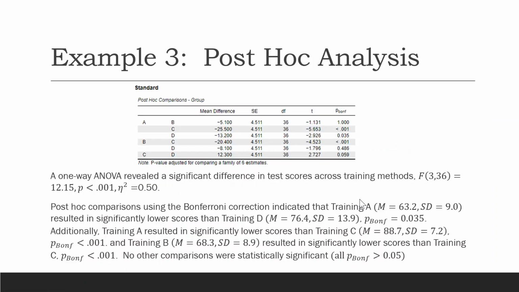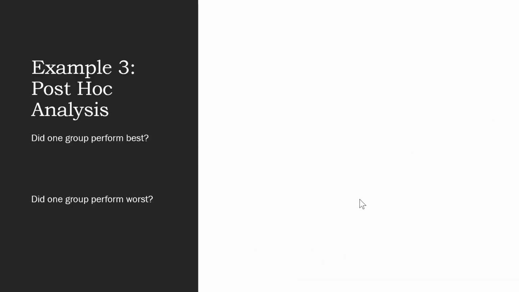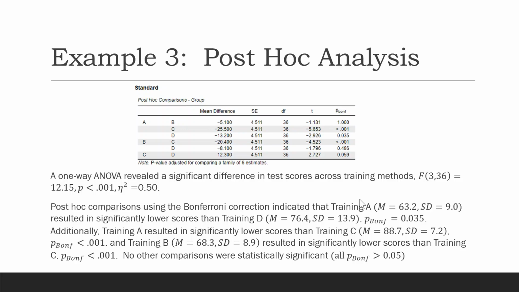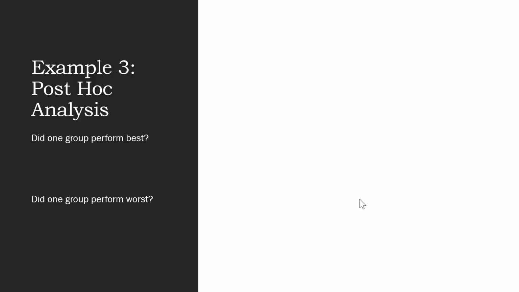All right, the next slide has an example of some write-ups for APA style type write-ups. I'll let you read that on your own. But I do want to look at this last example with post hoc analyses. We hadn't talked about confidence intervals here, and there's a special graph that we can use that can also help us compare groups, right?